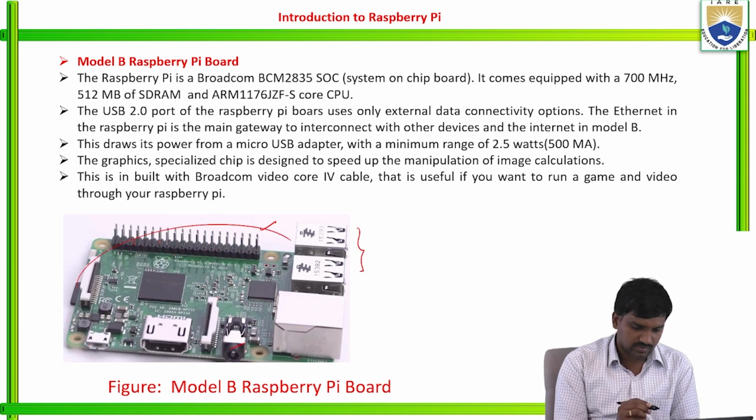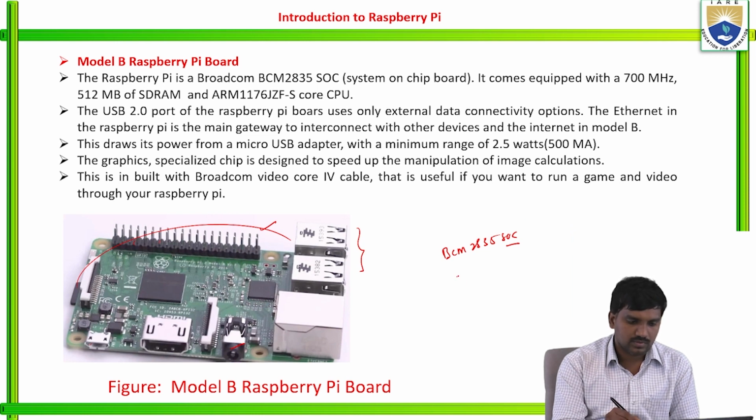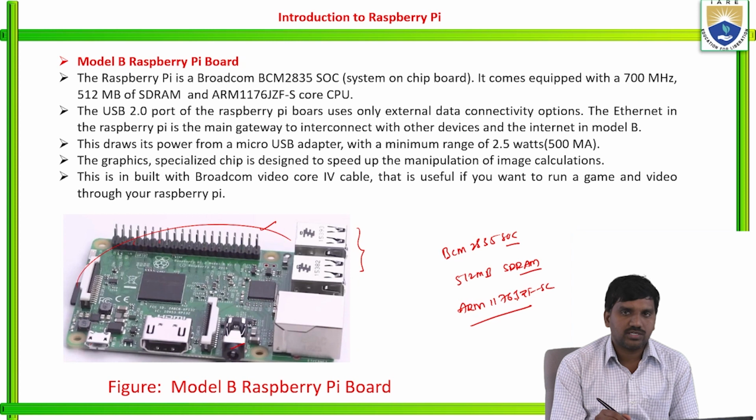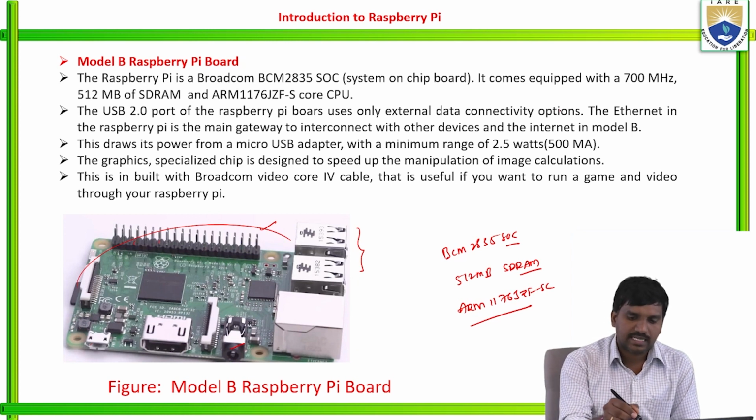It has some different ports compared with Model A. The Raspberry Pi Broadcom BCM2835 SoC is the same, but the RAM is 512 MB of SDRAM and the ARM processor is ARM1176JZF-S core.